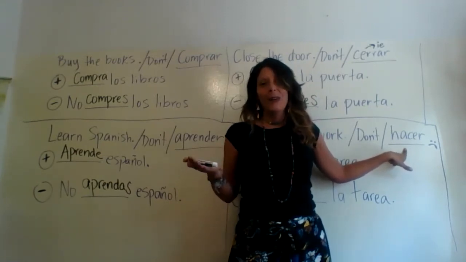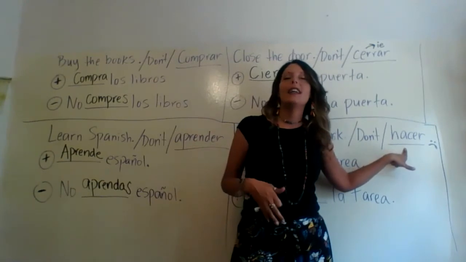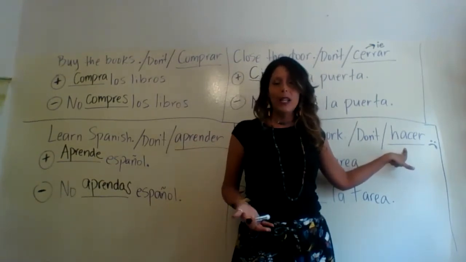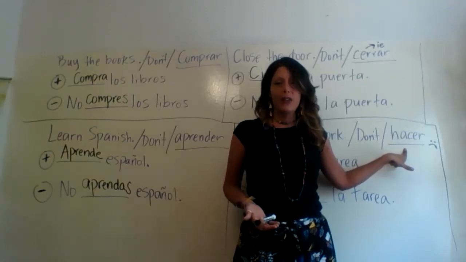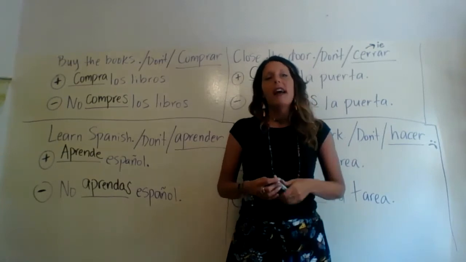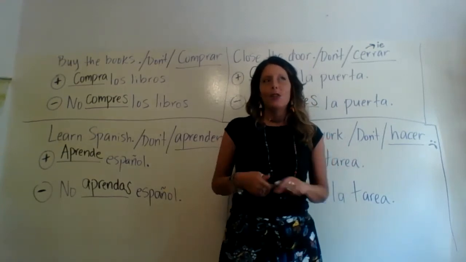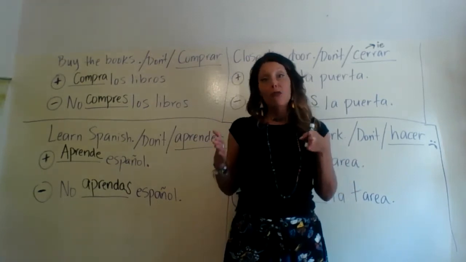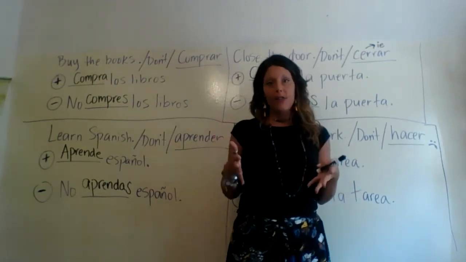In informal tú commands, we have irregular verbs. Hacer happens to be one of the irregular verbs. If you watched the video prior to this one, I talked to you briefly about what your irregular commands are.